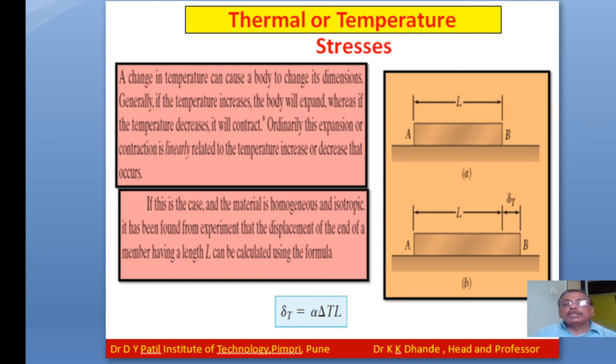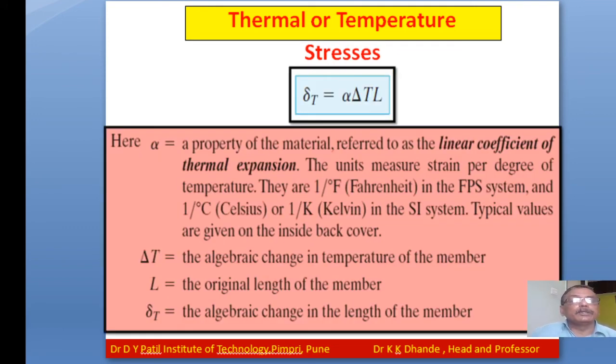Delta T means change in temperature, the difference between initial temperature and final temperature. So we have to calculate the change in temperature, final temperature minus initial temperature. In that case, temperature stresses are induced. Alpha is a property of materials and is also called the linear coefficient of thermal expansion.